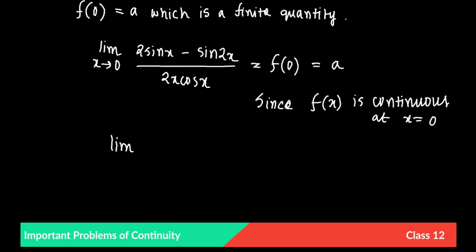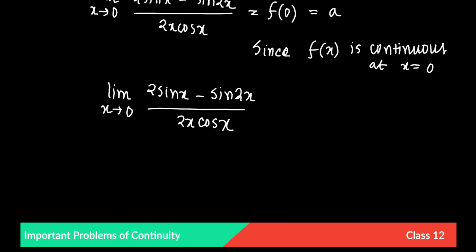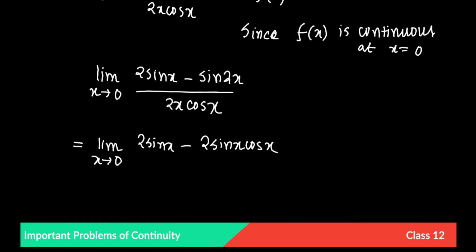So it is limit x tends to 0 of (2 sin x minus sin 2x) by 2x cos x. Now, sin 2x, we all know, is 2 sin x cos x, divided by 2x cos x.